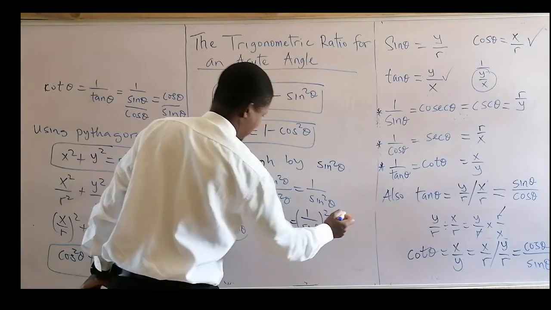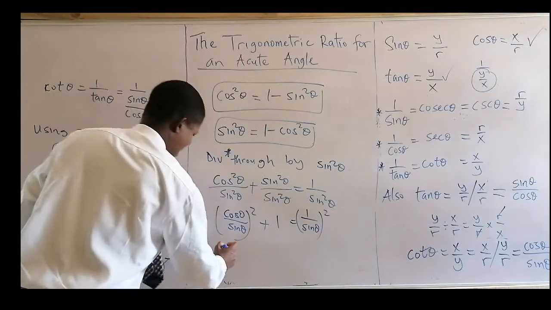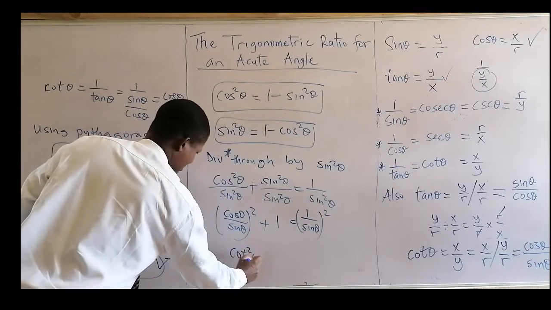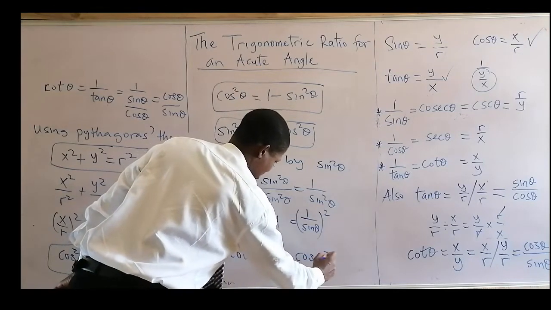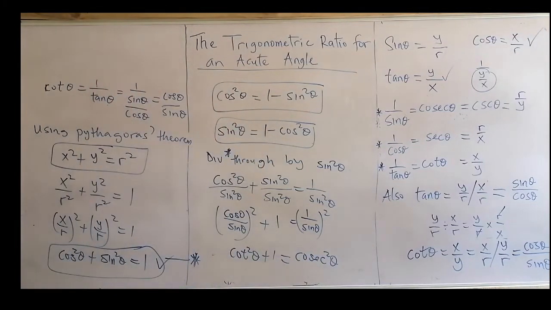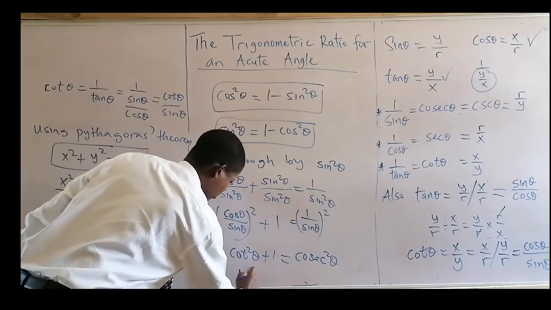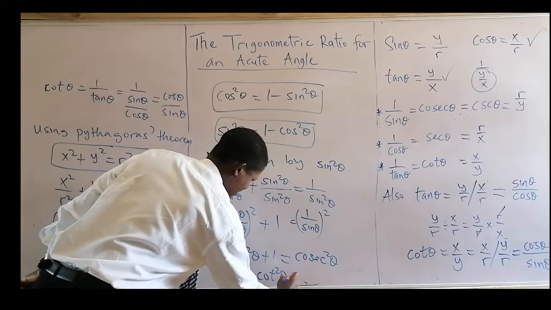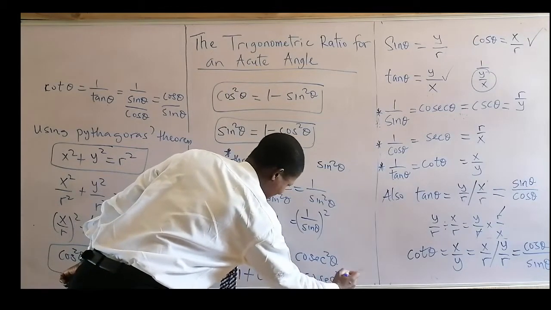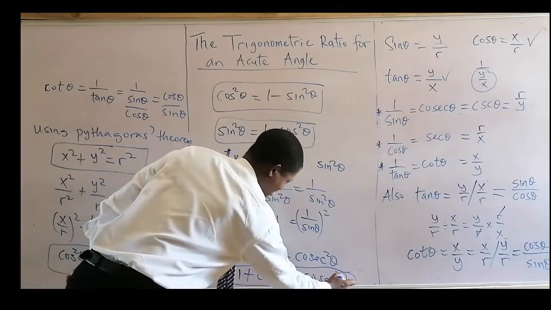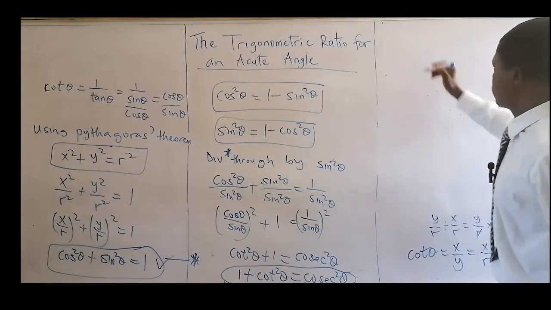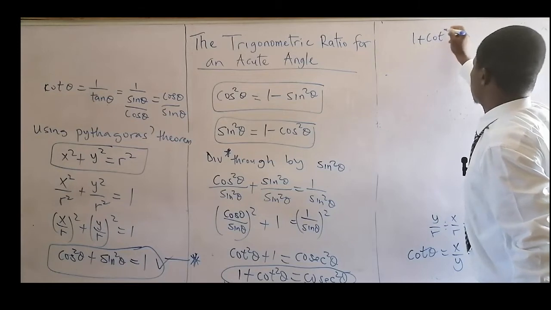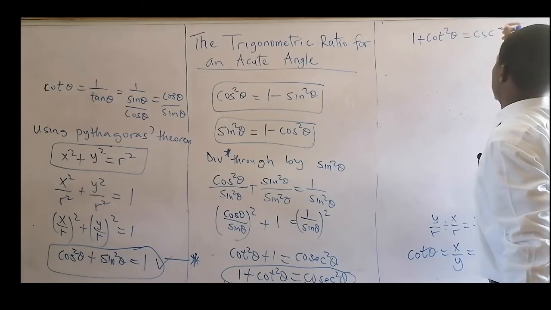So this will be equal to cot squared theta plus 1 equal to cosec squared theta. So finally we can say 1 plus cot squared theta is equal to cosec squared theta. If you don't want to use cosec, you can call it CSC squared. So 1 plus cot squared theta equals CSC squared theta.